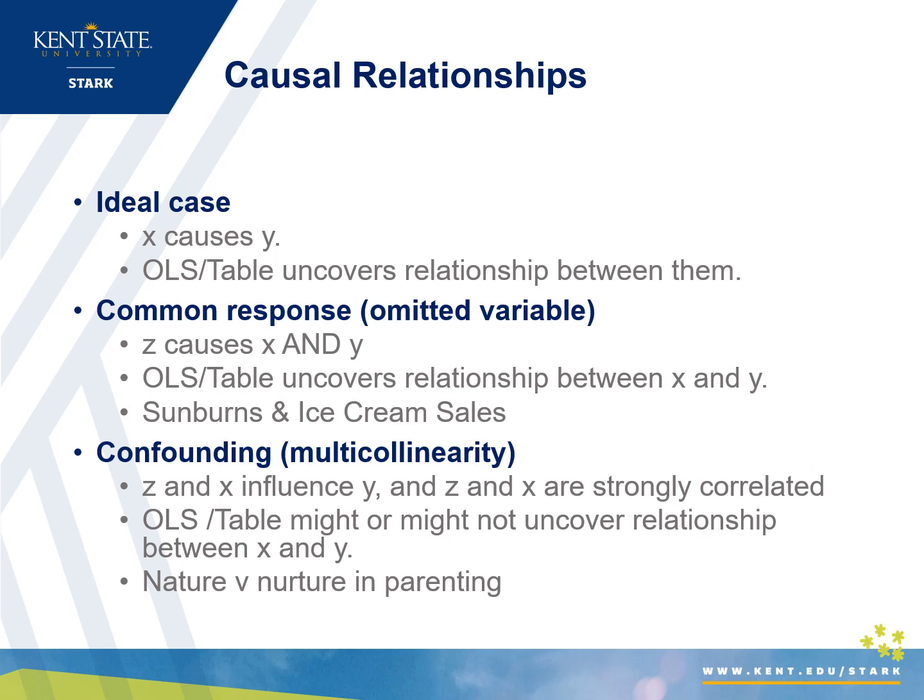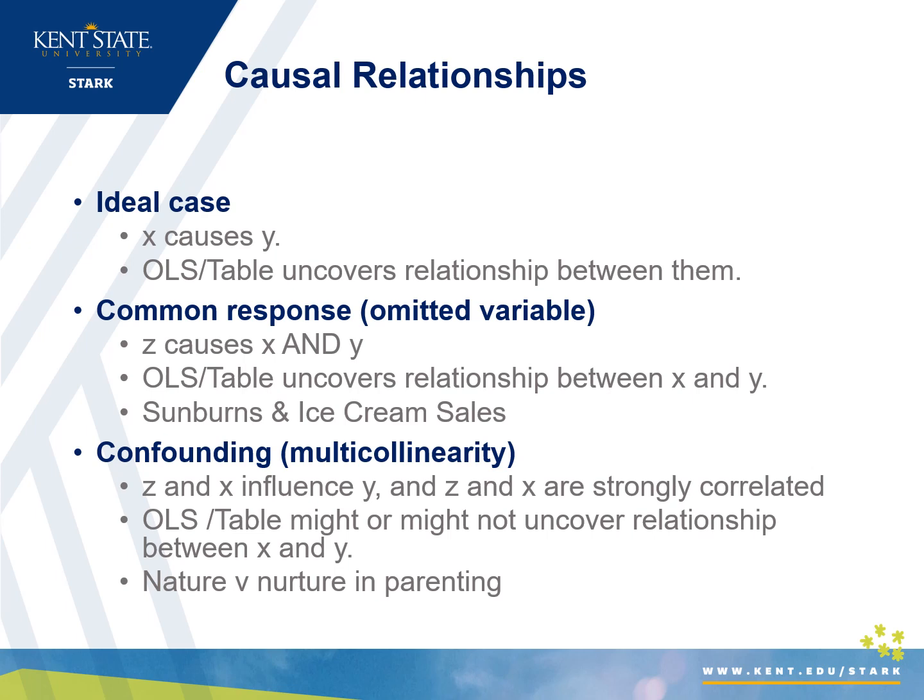So when considering causation, there are a few things to keep in mind. First, in an ideal world, our independent variable does cause the dependent one, in which case the OLS table does a good job showing the relationship between them. But we can also have something called a common response, which happens when there's an omitted variable. This would be a case where something else is causing both our x variable and our y variable.